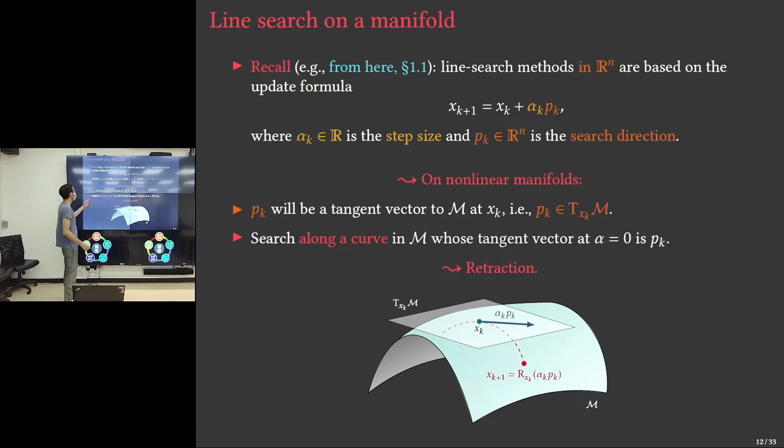Recall, for example, from the notes that I sent you, that line search methods in R^n are based on this update formula: the new iterate is given by the previous iterate plus alpha_k times p_k, where alpha_k is the step size or step length, just a real scalar greater than 0, so positive, and p_k is a vector in R^n, which is called the search direction. It really gives the direction of search to look for a minimum.